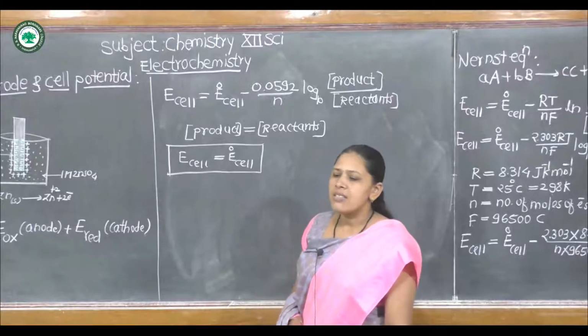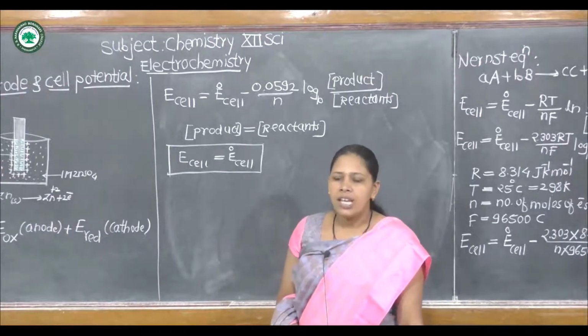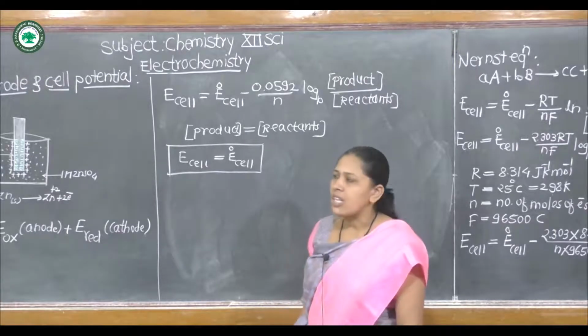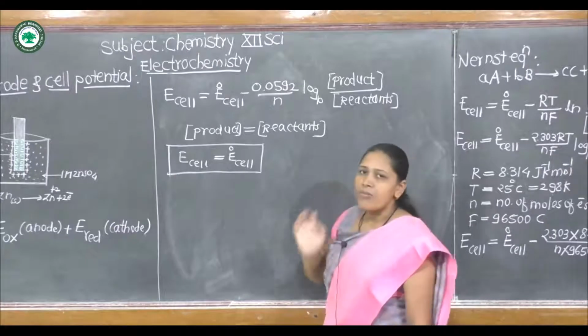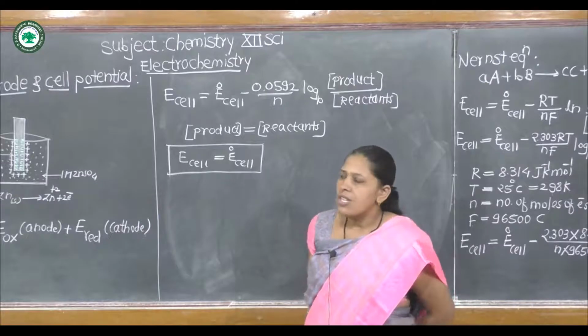If a gaseous substance is present in the cell reaction, then its partial pressure is taken in place of concentration of reactants or concentration of product.